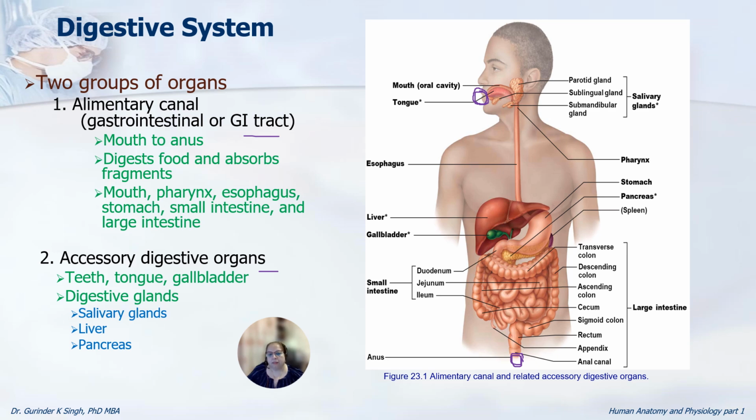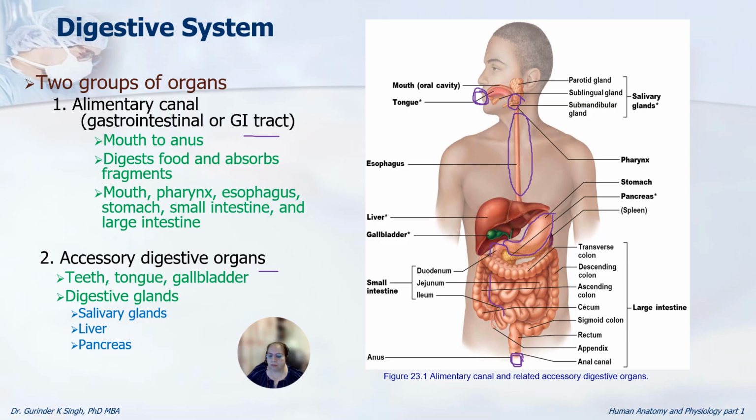Other parts of the major GI canal are the pharynx, which is this region here, and then a long tubular structure, which is the esophagus. Then we have the stomach, and then the small intestine, which is further divided into different parts.